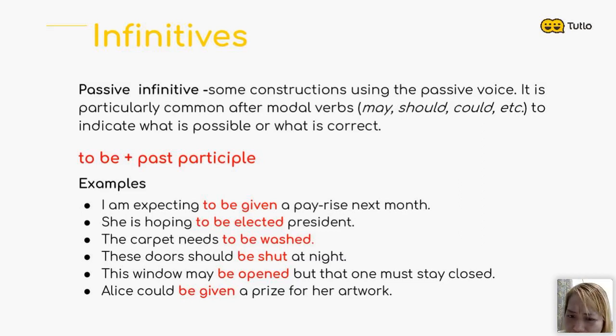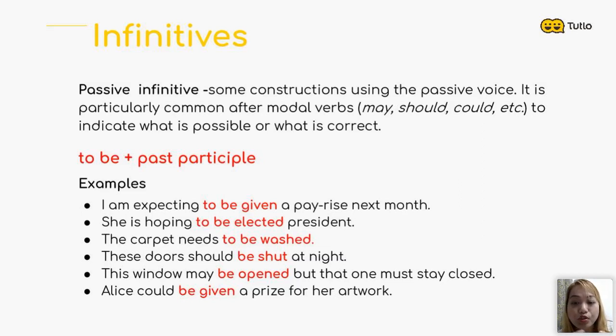So as you can see here, we can use modal verbs, and the passive voice comes after them. It is particularly common after the modal verb. So as you see, we have a modal verb here: should, may, and could, to indicate what is possible or what is correct.